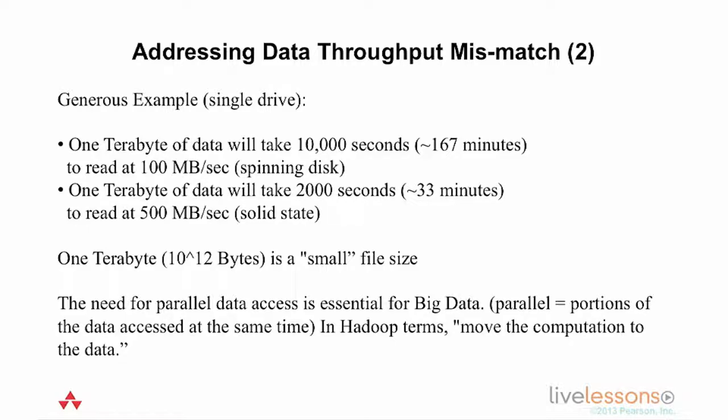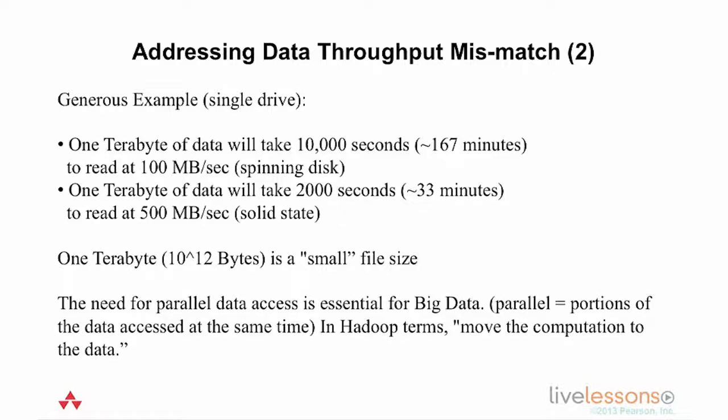Similarly, we can do this with solid-state disk, and we would see that the same file would take 2,000 seconds, about 33 minutes, if we could achieve 500 megabytes per second continuous. The interesting thing in the big data world, a terabyte size file is sometimes considered a small file.